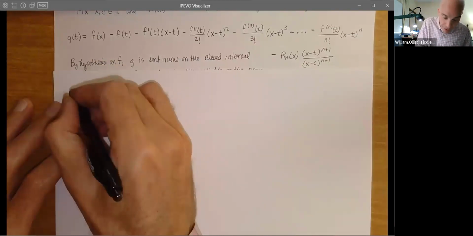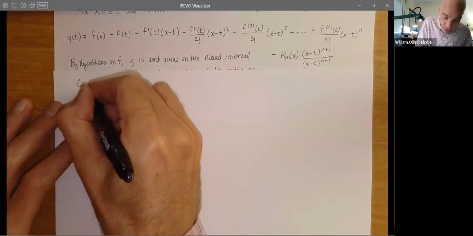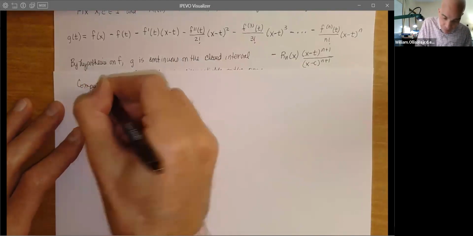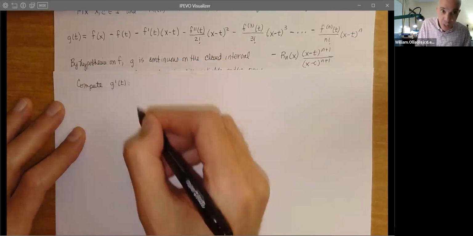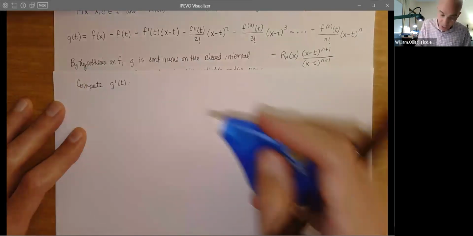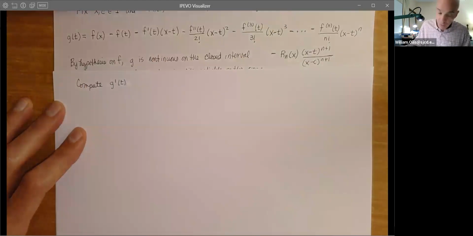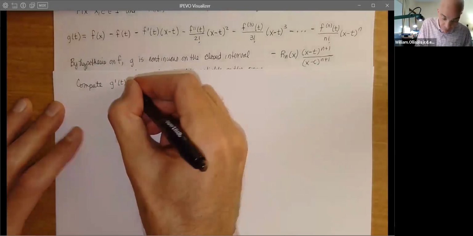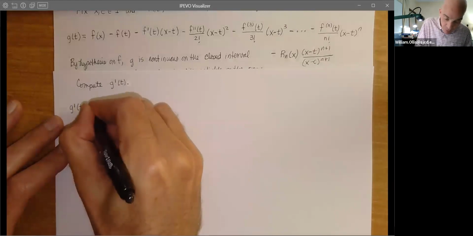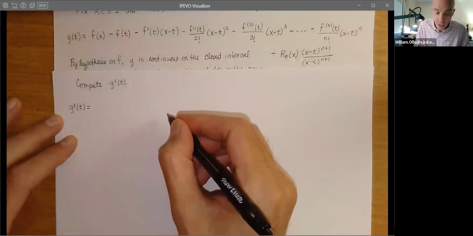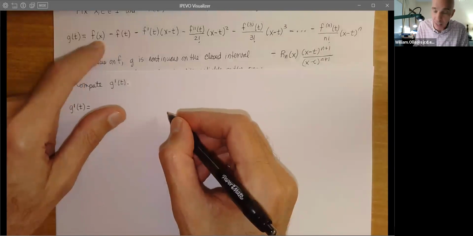So now, compute g prime of t. Now this just takes a little bit more work, but it's very simple. And then we'll have to notice a pattern. So g prime of t, remember x and c are fixed, so x is a constant. So that's a 0 right there.